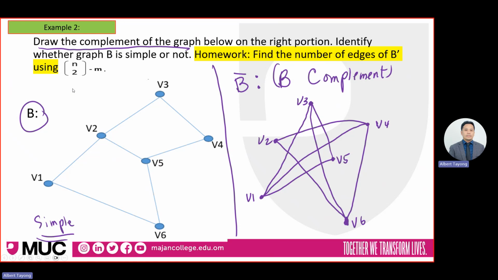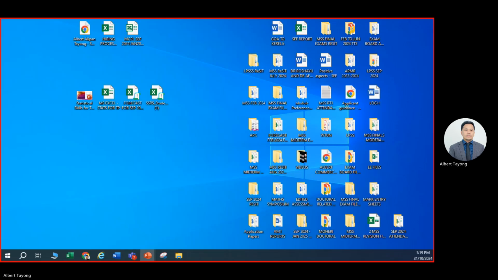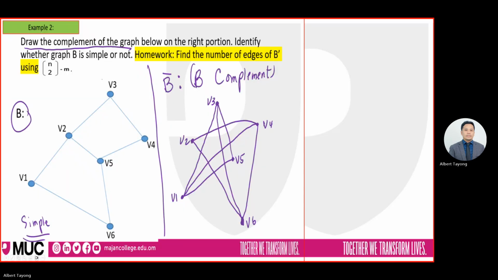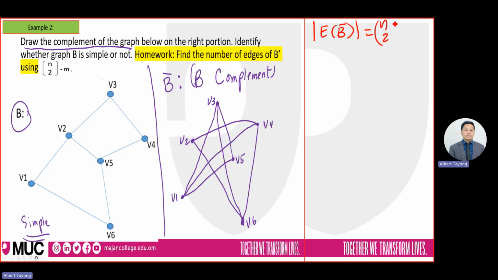Now, let's find the number of edges of our B complement using the formula. So, number of edges of B bar equals n choose 2 minus m.